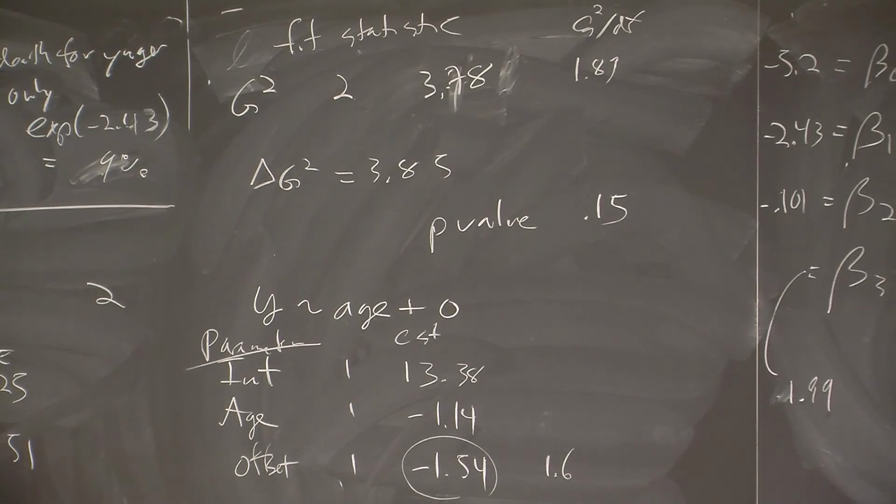And our delta G squared is going to be lower, but still not so good that we could justify that not setting it to be equal to 1 is problematic.